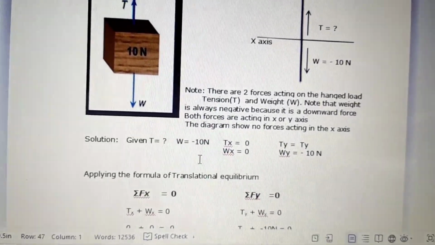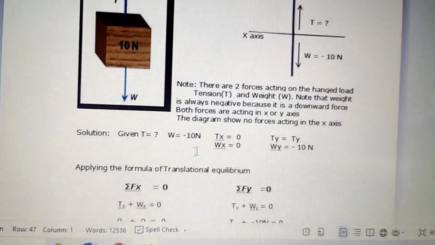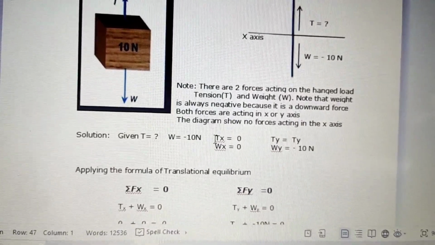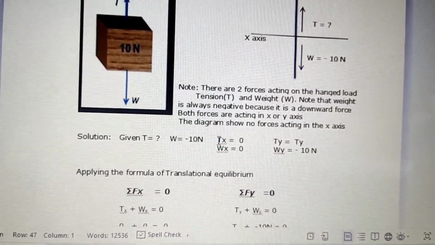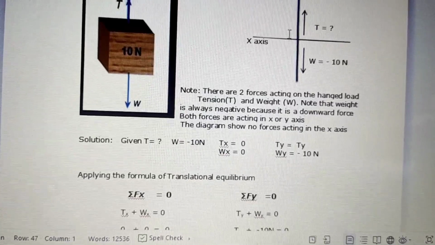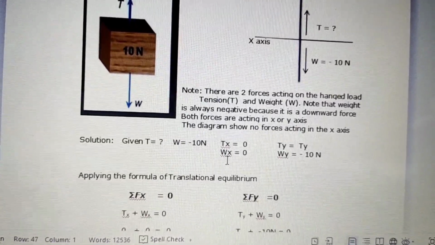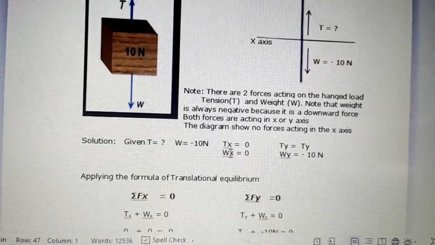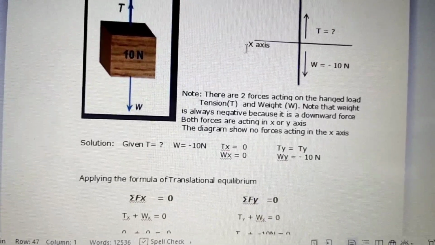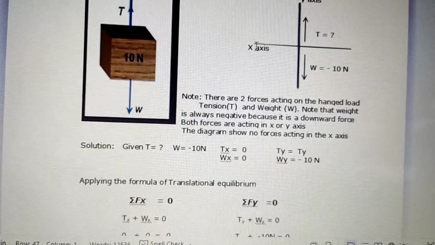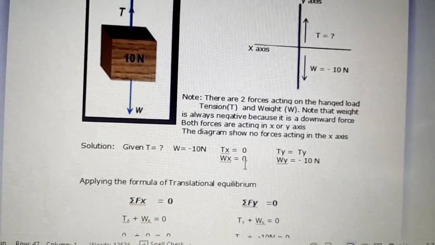Looking at the given, there is no force acting on the tension in the x-axis, so 0. And there is no force acting on the weight on the x-axis. This is the x-axis, so it is 0.